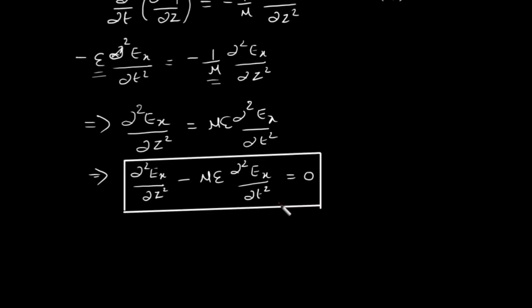Only difference is E and H are mutually perpendicular to each other. Is that fine? So I can easily say this is the uniform plane wave equation in free space. We call it the UPW equation, uniform plane wave equation. Nice.